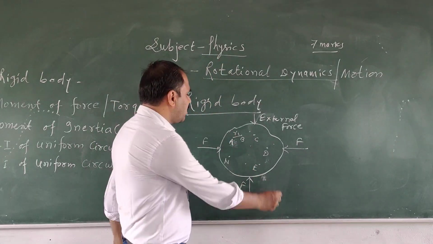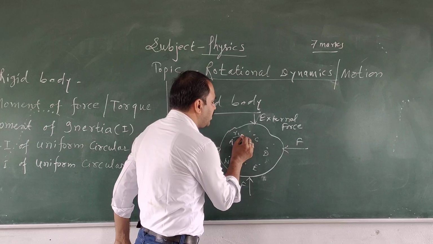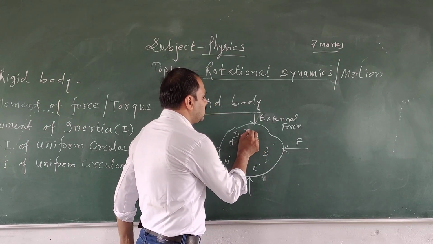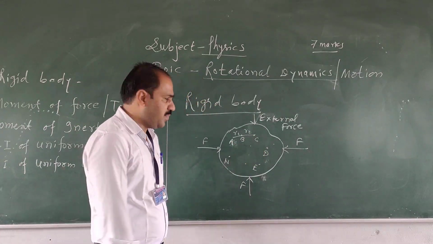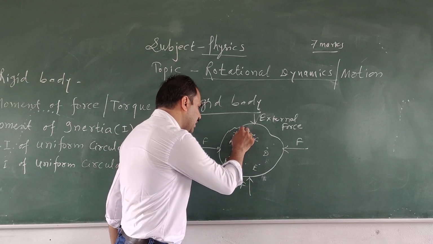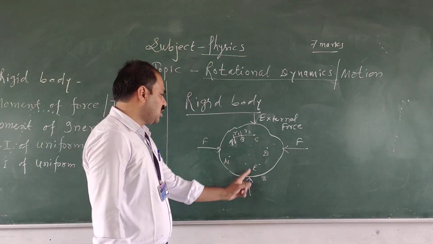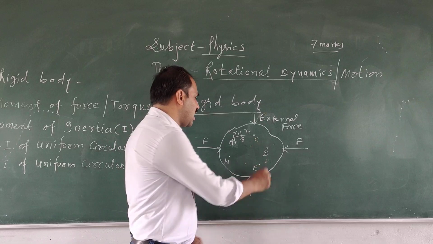Again, the distance between the second particle B and C is suppose R2. Means the distance between particle A and B is R1, the distance between particle B and C is R2, and so on.